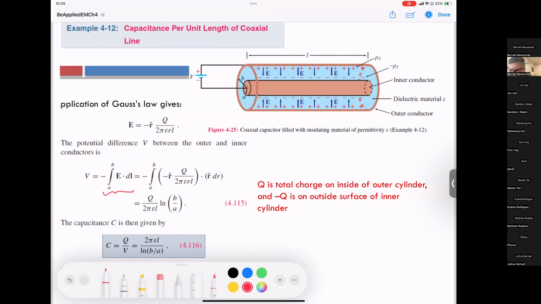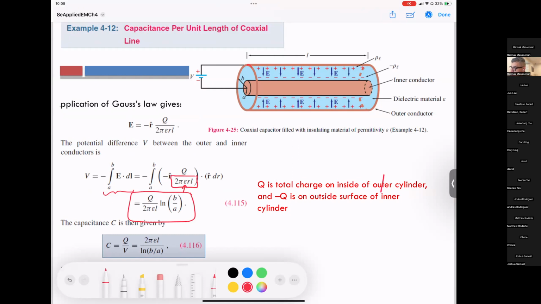So you can calculate the area of the cylinder multiplied by the dielectric constant. So it's pretty easy to get the potential between the outer shell and inner shell of a coax cable to get the voltage.